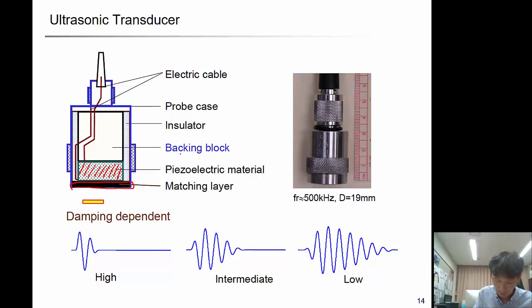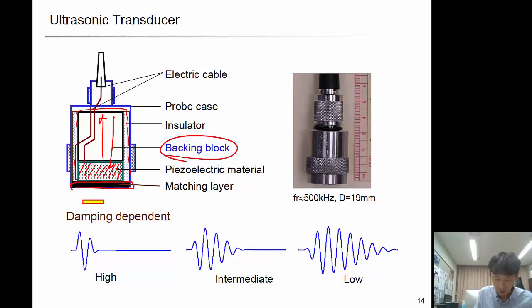And there's a backing block. Also, the material of the backing block is very important so that you don't get any reflection from the back. And these are the casings. And there are some electric cables to excite this piezo material.